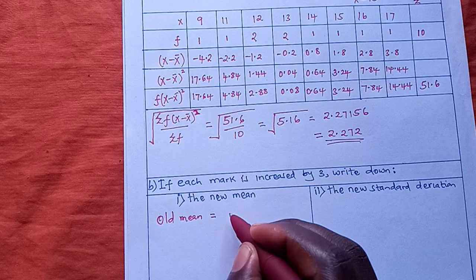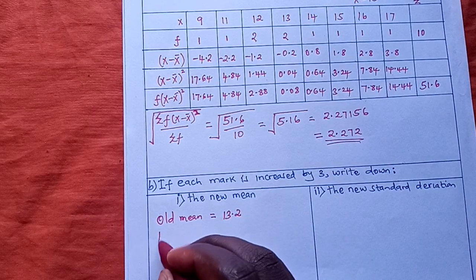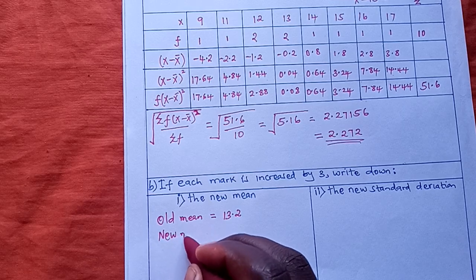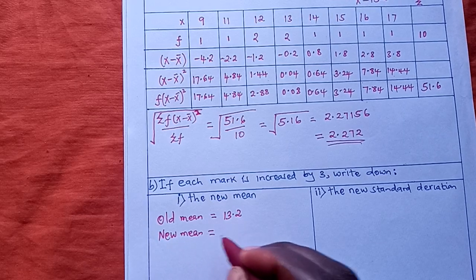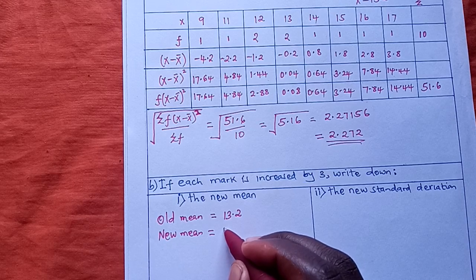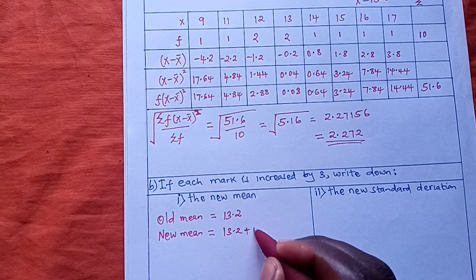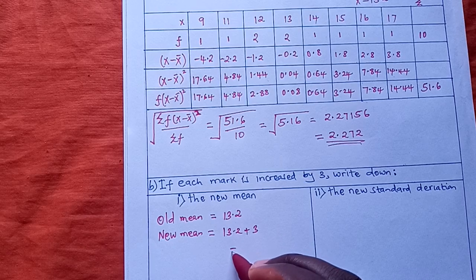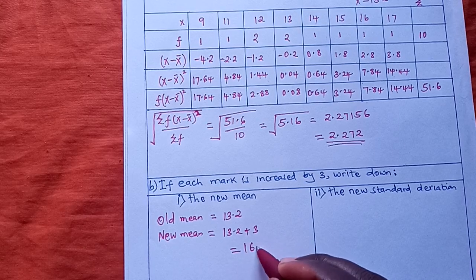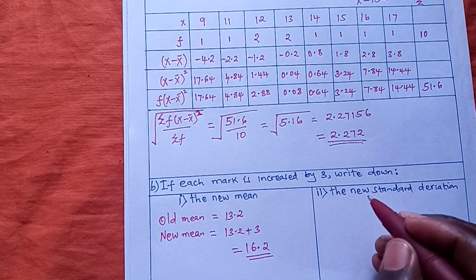Our old mean was 13.2. The new mean is going to be, we just increase this 13.2 by adding 3. This is going to give us 16.2. So our new mean is 16.2.